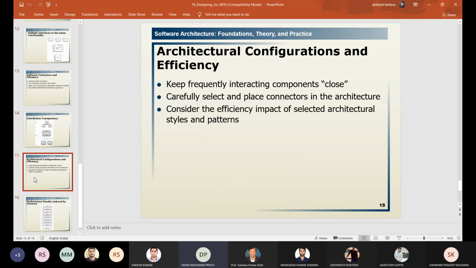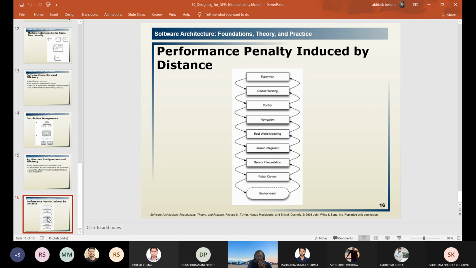Architectural configurations and efficiency. Keep frequently interacting components close. Carefully select and place connectors in the architecture. Consider the efficiency impact of selected architectural styles and patterns. Now, the performance penalty that is induced by distance.